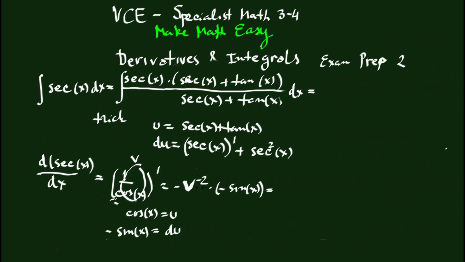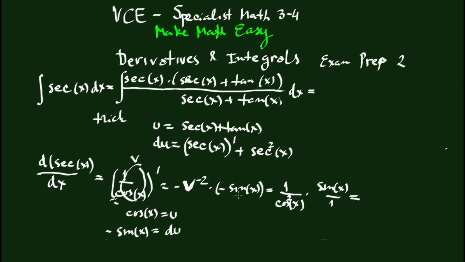That's minus times minus, plus, and our v is to the minus 1, so that's 1 over cosine of x to the power of 2 times sine of x.